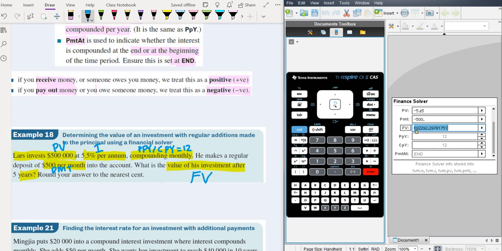So in this case, it's going to be this much, and we want to round this to the nearest cent. So we're looking at 2 decimal places. So you just simply copy that value here, and it's in dollars, 692,292.30.